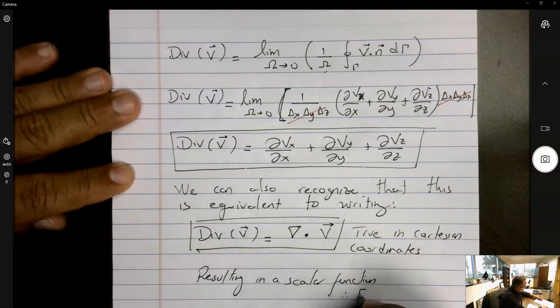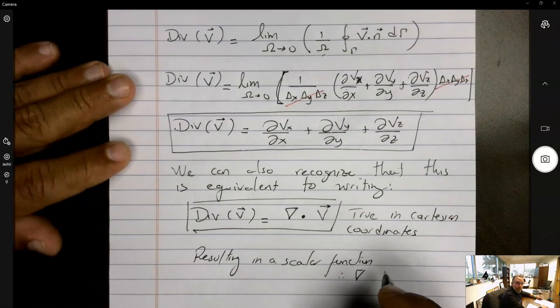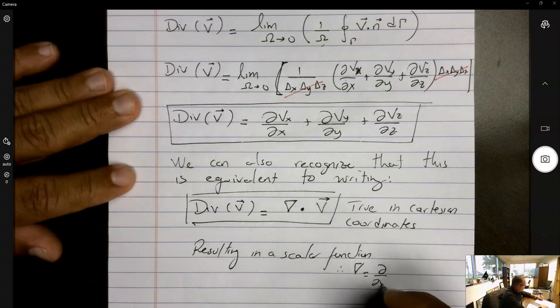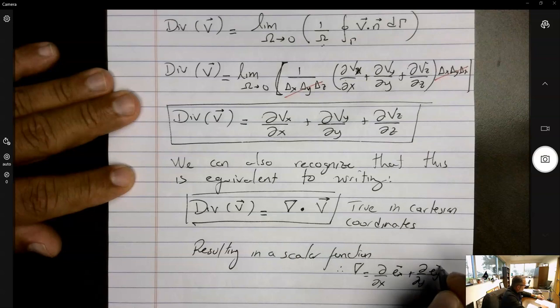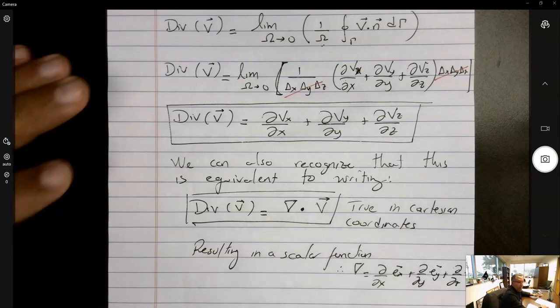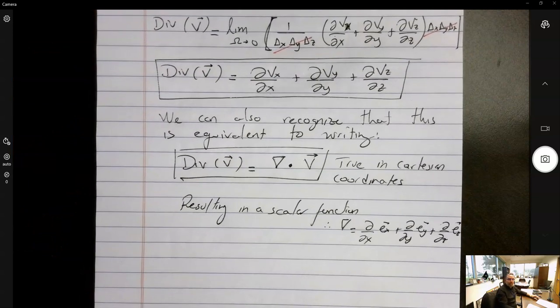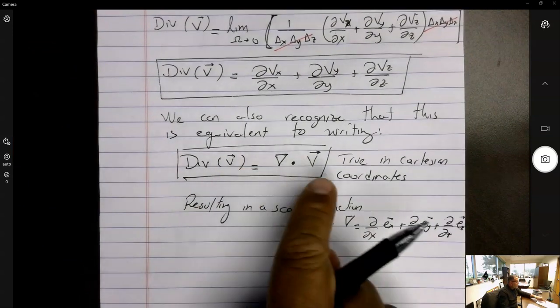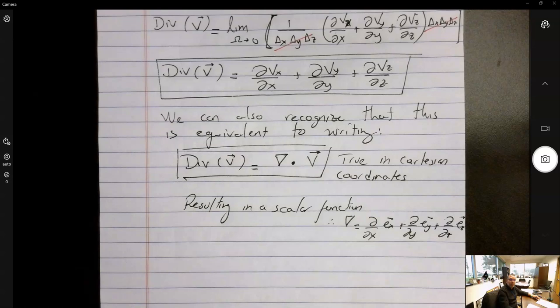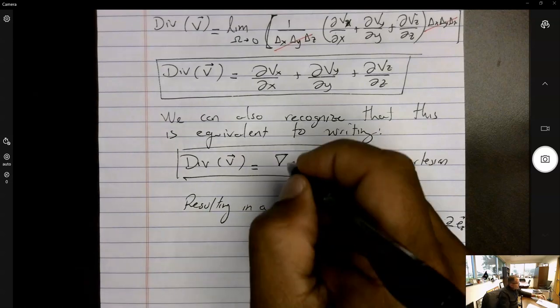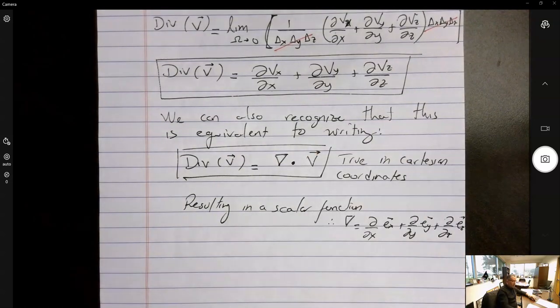Remember, nabla is this operator that is d/dx in the x direction plus d/dy in the y direction plus d/dz in the z direction. That by itself doesn't mean anything, but when applied to something else it is a differential operator. And these dots make a world of a difference.